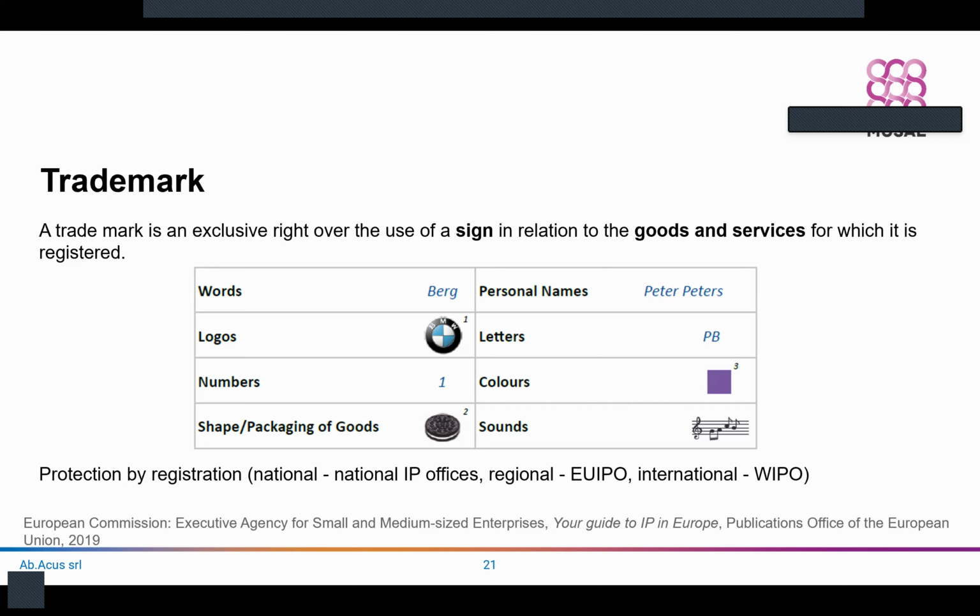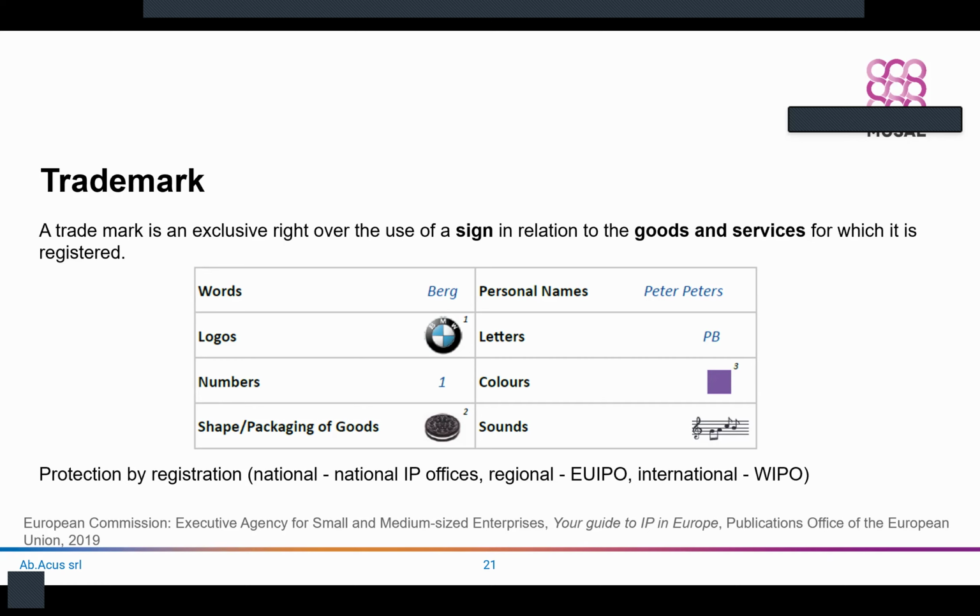If you move to the food sector, probably you may register a new BMW trademark. So it is important to have the new sign, but to have also the category of product you want to protect. A trademark requires a registration, as most of the different protection mechanisms we see today.